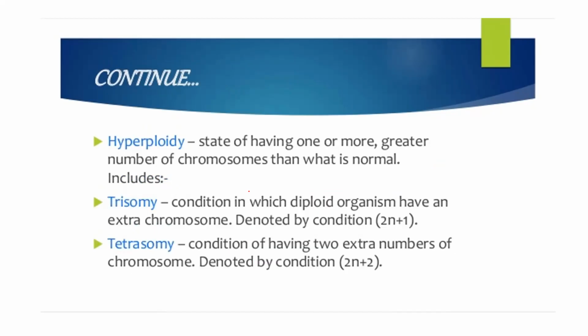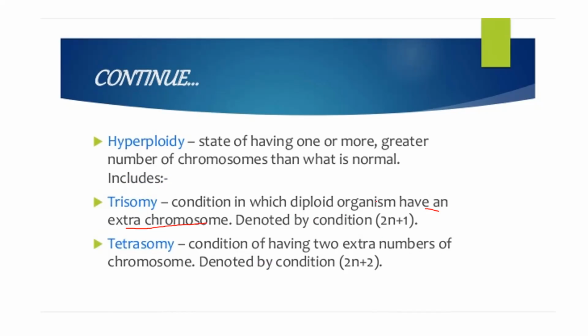Yes, ma'am. Okay. Now hyperploidy is the state of having one or more greater number of chromosomes than what is normal. Like if you have 46, it will increase to 47, 48, like this. Trisomy is where you have an extra chromosome, that is trisomy, denoted by 2n plus 1.